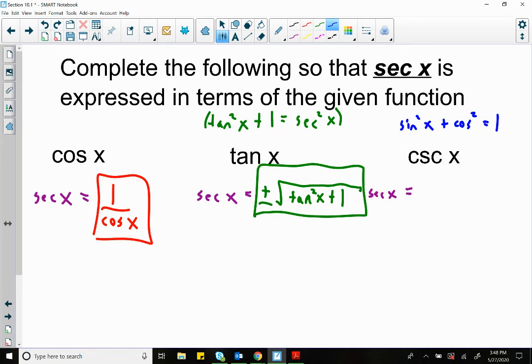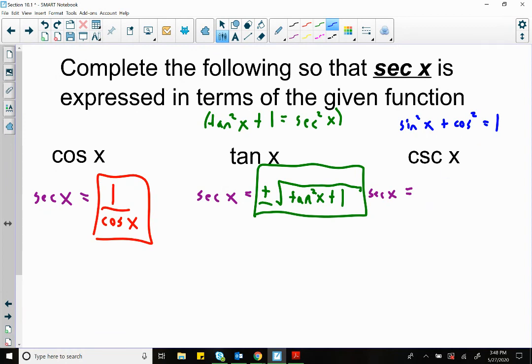The reason being, what's the reciprocal of sine? 1 over cosecant squared. What's the reciprocal of cosine? 1 over secant squared. Now we've got cosecant and secant all in the same problem.